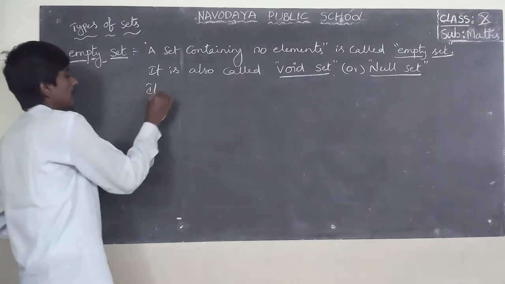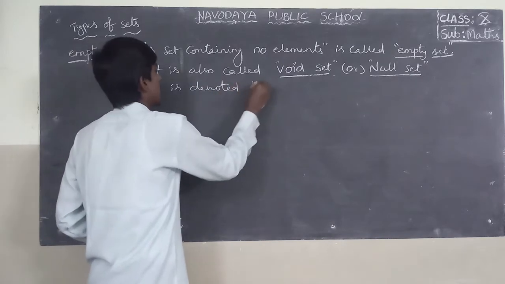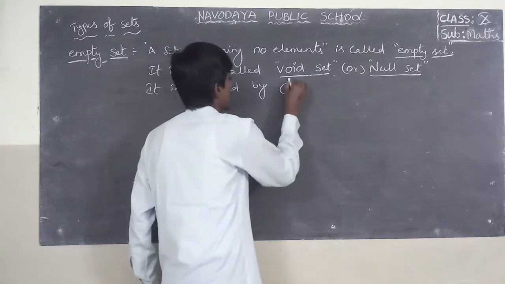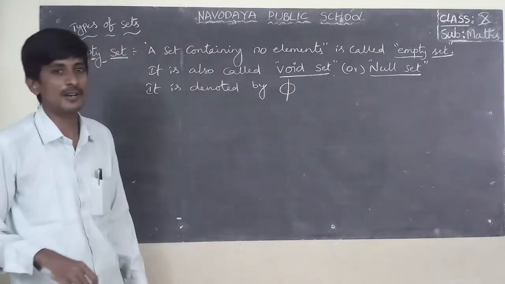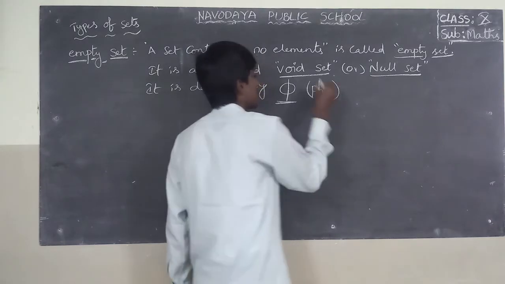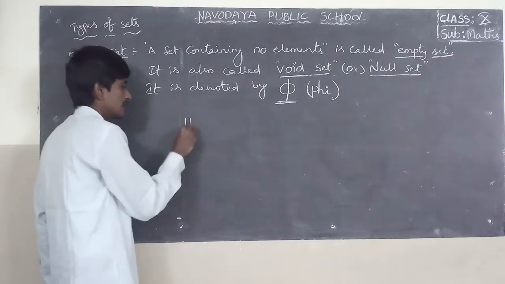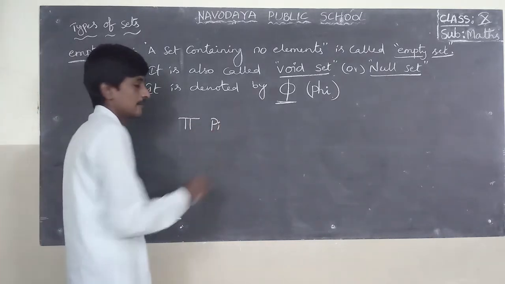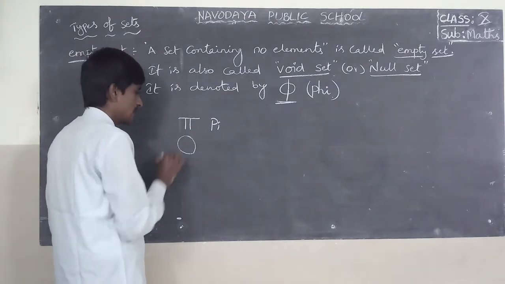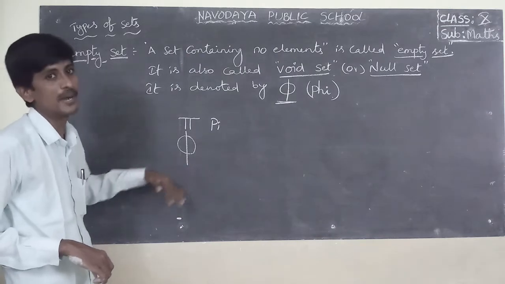It is denoted by phi. This is the symbol phi. Phi, not pi. Pi is this one. Okay, this is phi. Write it like this. This is the empty set symbol.